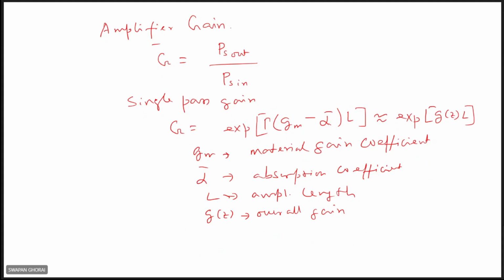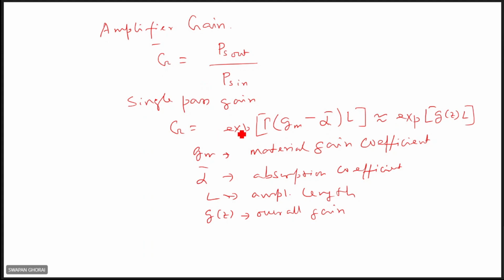Output by input. So there is P_s out by P_s in, the single pass gain. For single pass gain, one length L will be considered, and also this confinement factor gamma, and the absorption alpha will be there.